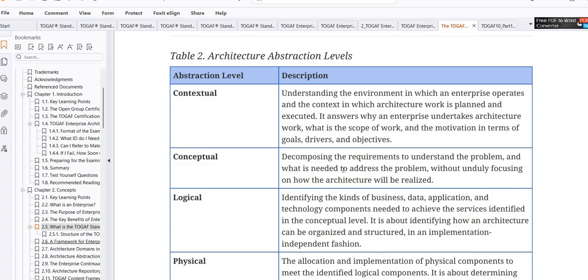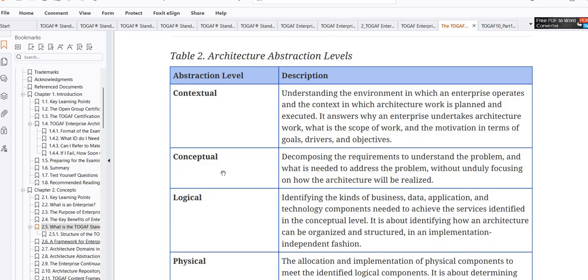So how does contextual understand the enterprise architecture point of view: the scope of the work, your goals and objectives. This talks about the context. And conceptual is understanding the problem, addressing the problem with a focus on how architecture will realize it.